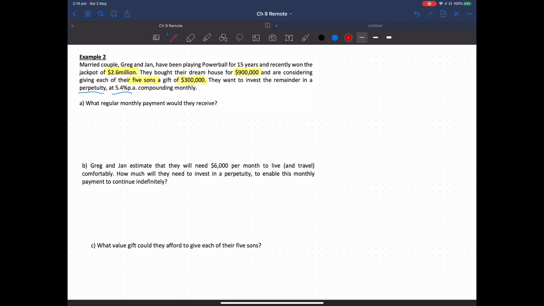So, the investment amount, that is the amount they have left over after they have bought the house and given their sons money.